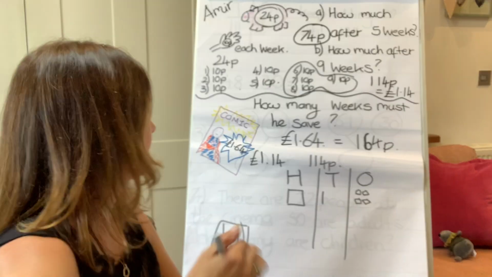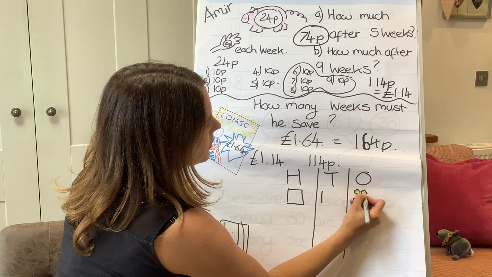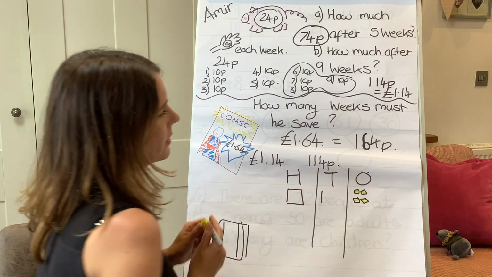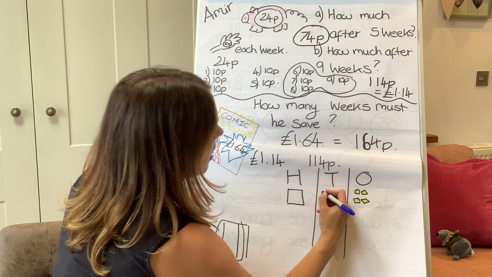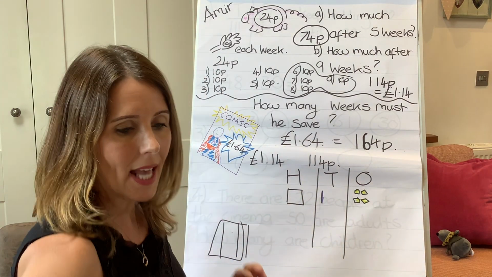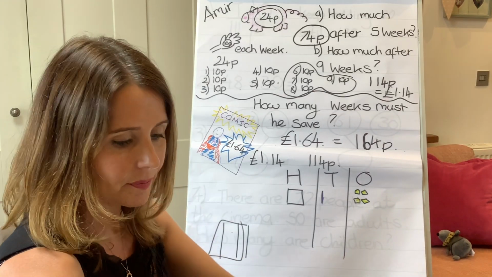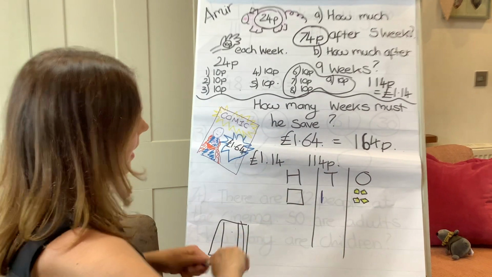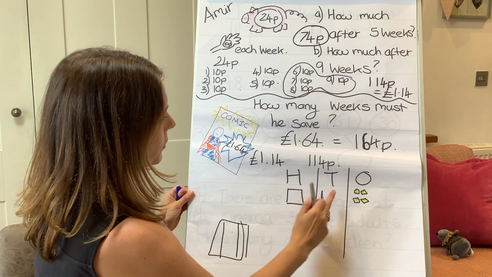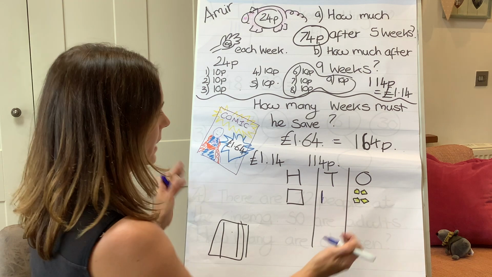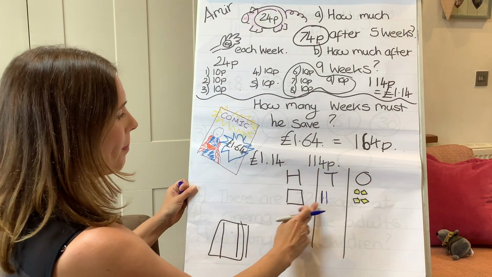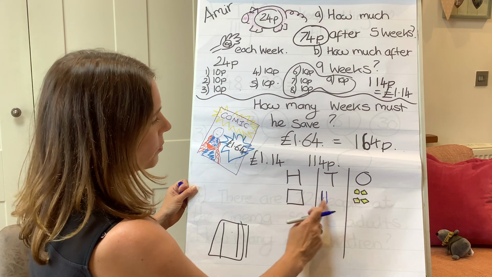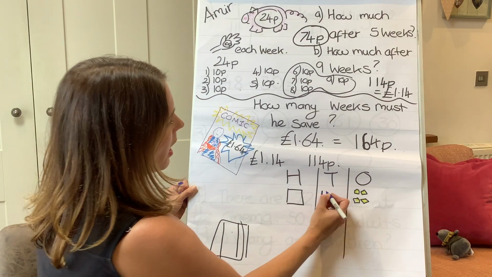So the 4 ones doesn't change because he doesn't get any ones given to him. He gets whole tens. We've got one of the tens, and we've got 114 or £1.14. So we can add on another 10. Now we've got £1.24 or 124.